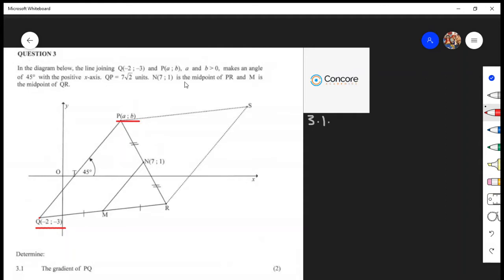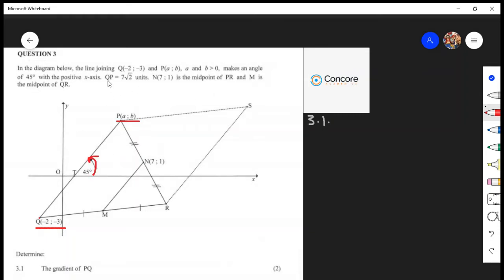So you know that a and b have to be positive values, right? It makes an angle of 45 degrees, which is this angle over here, with the positive x-axis.